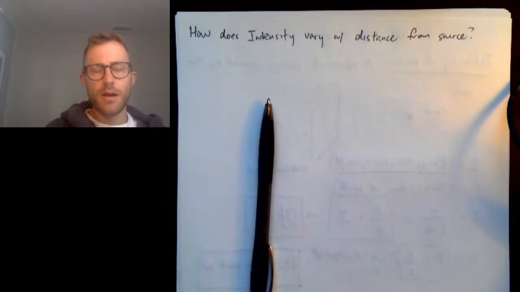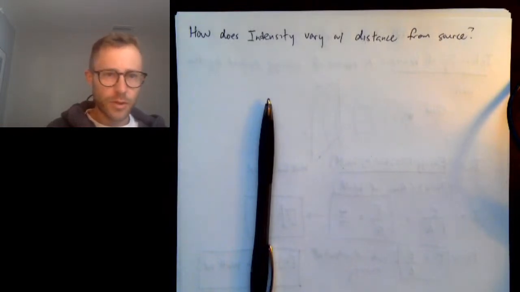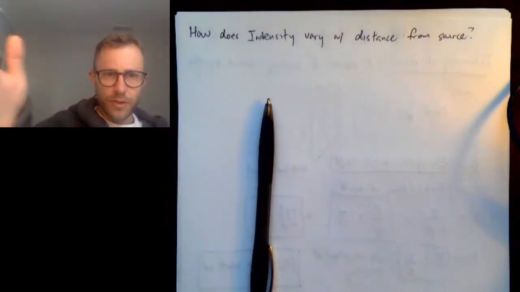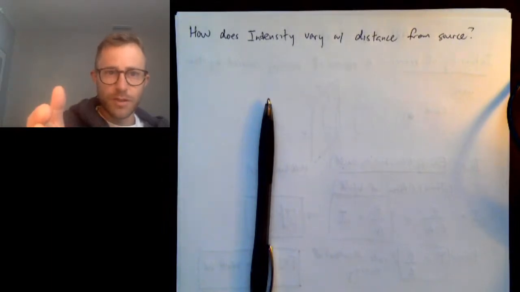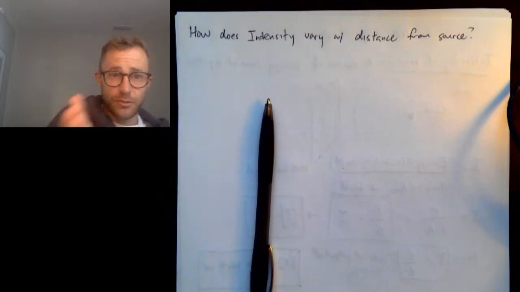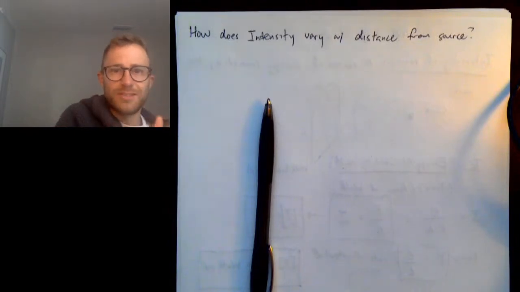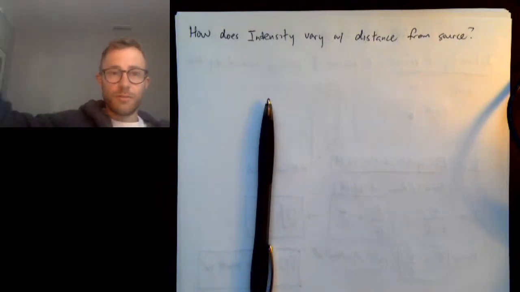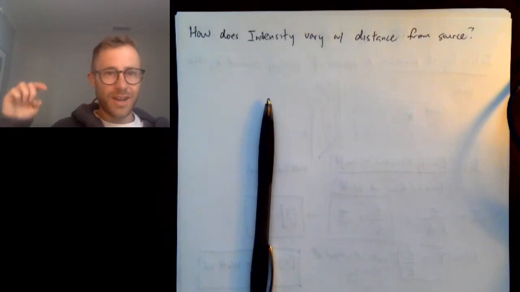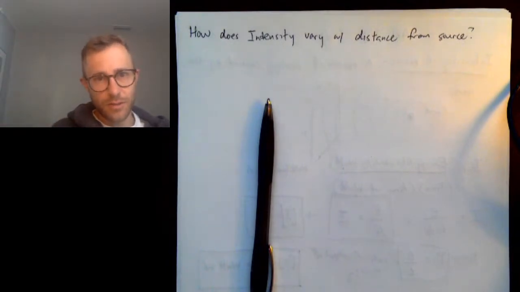Okay, so intensity. So if the observer of you, or the listener, I should say, of you yelling is close, they will experience a high intensity of sound waves. Okay? If the observer is far away, they will not experience a high intensity of sound waves. In fact, they might not be able to hear you at all because you're so far away.